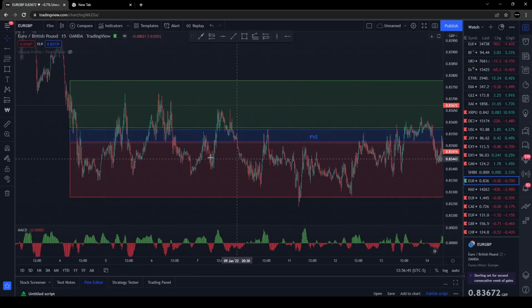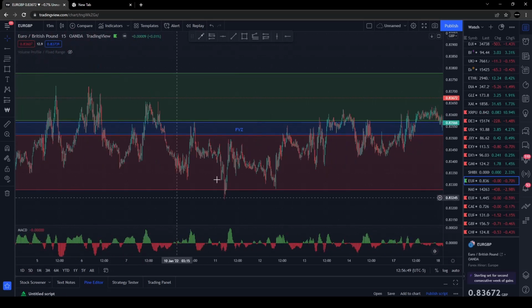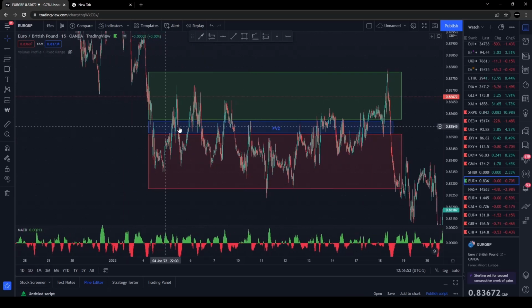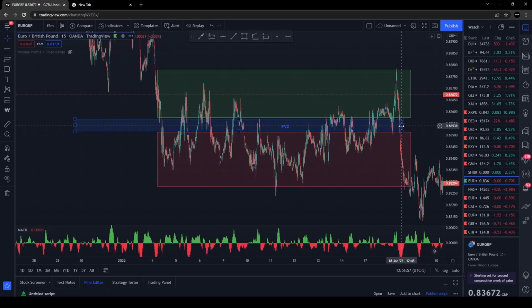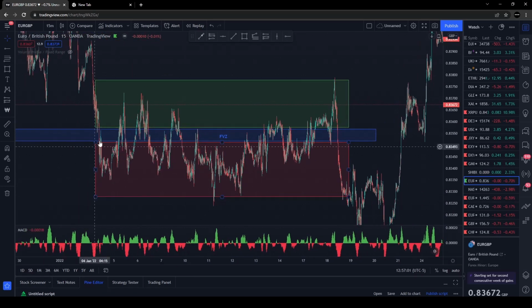Now the way I like to trade these consolidations is to take price back to the fair value zone. We know that this fair value zone is like a magnet, and price likes to come back to it. As you can see, every time price drifts away from the fair value zone, it always comes back.